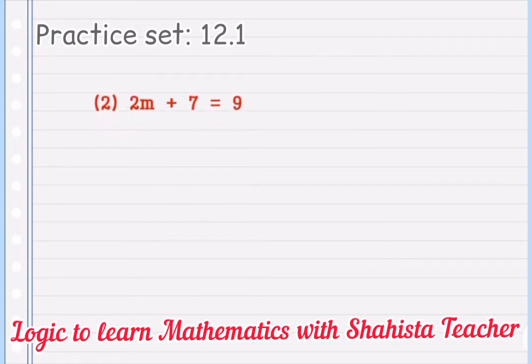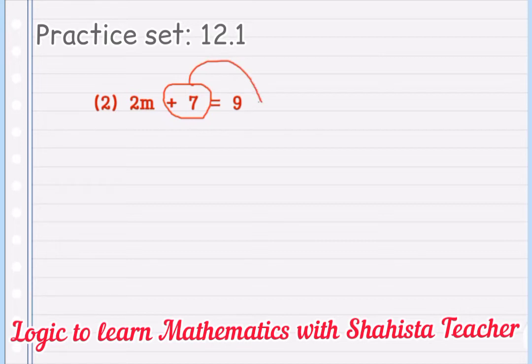Now sub question 2 says that 2m plus 7 is equal to 9. Again, the single variable is m, and 7 and 9 are the constant terms. So here plus 7 is on the left hand side, and if it goes to the right hand side it will become minus 7. 2m plus 7 is the left hand side and 9 is the right hand side.